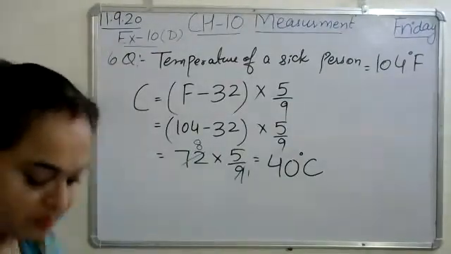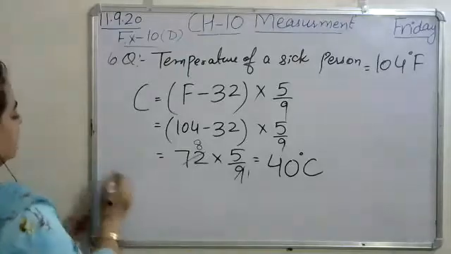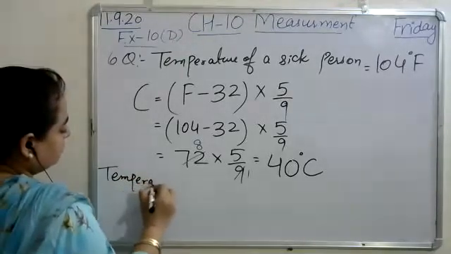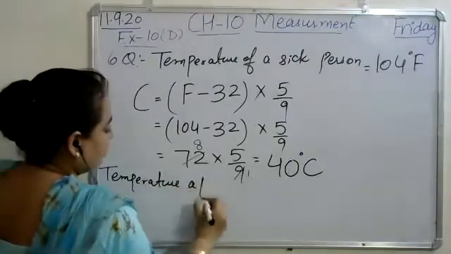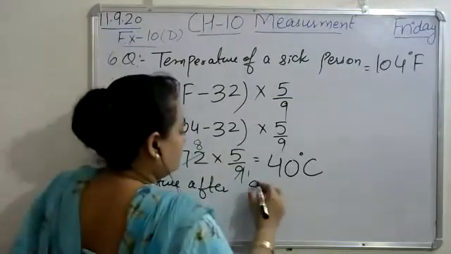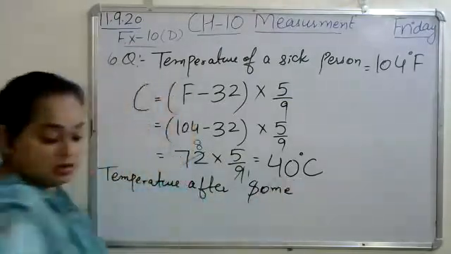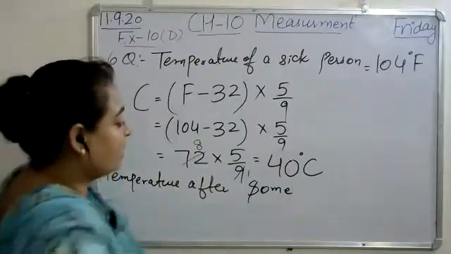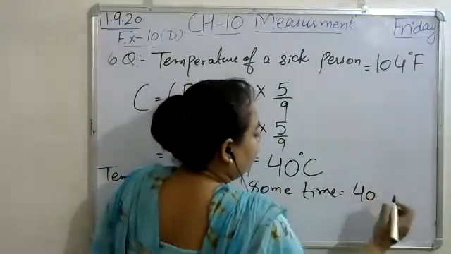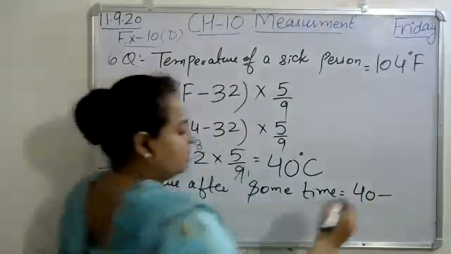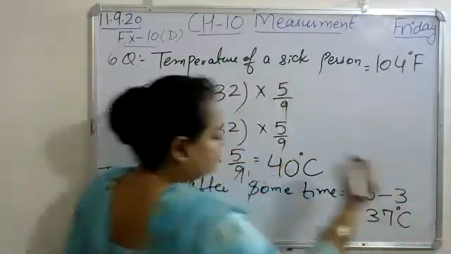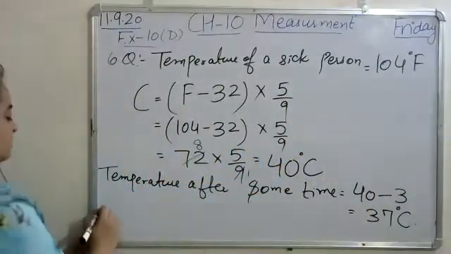So, temperature after some time: 40 minus 3, 37 degrees Celsius. So this is the result.